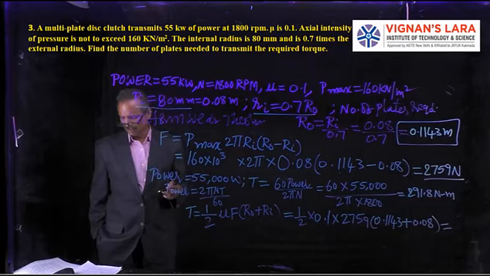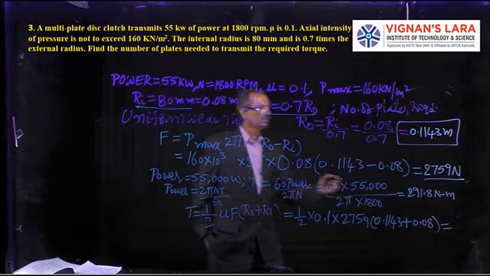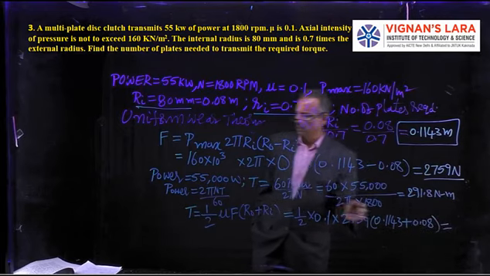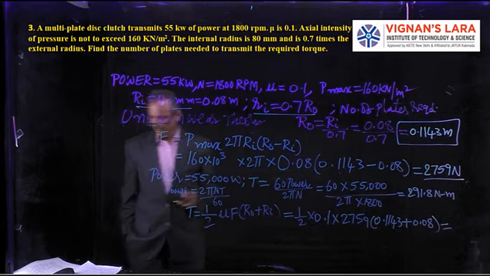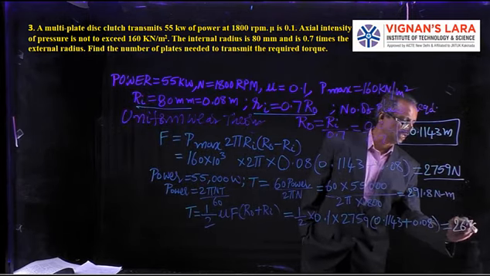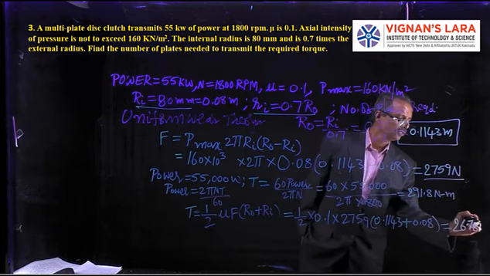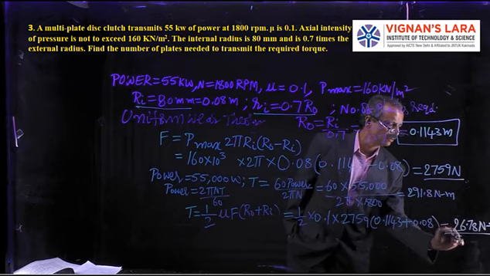T is how much? The value which you get is 26.78 Newton meter per surface.